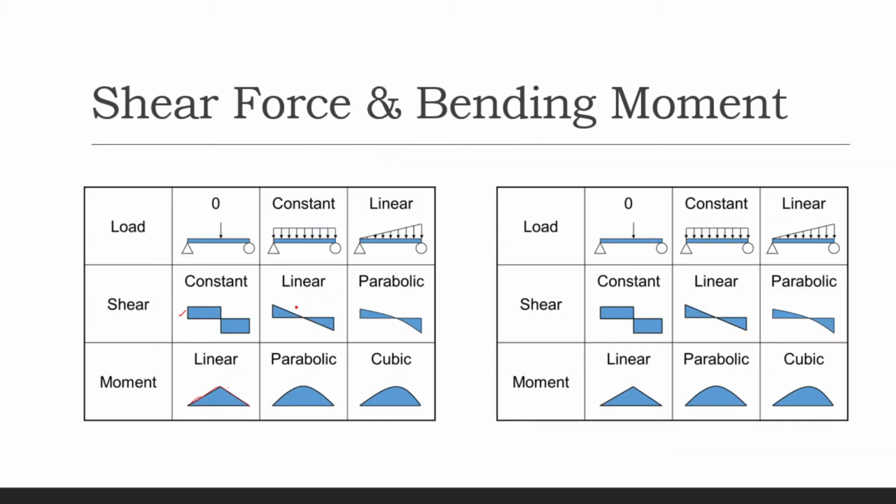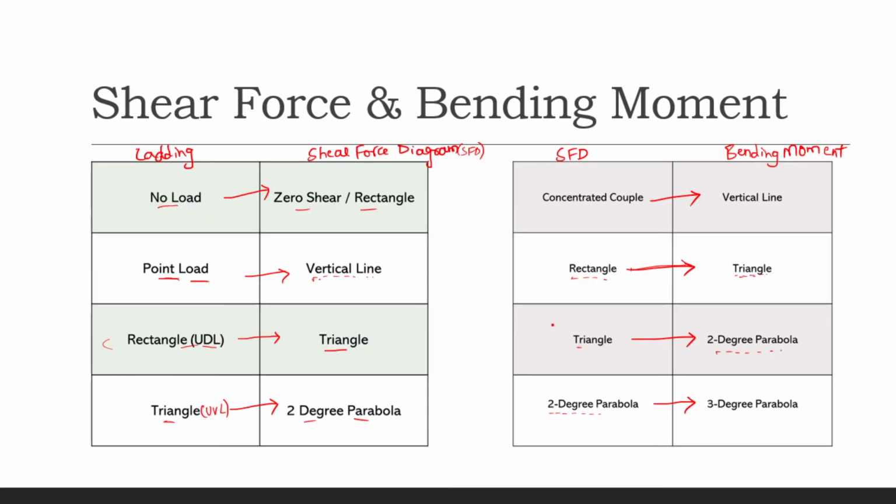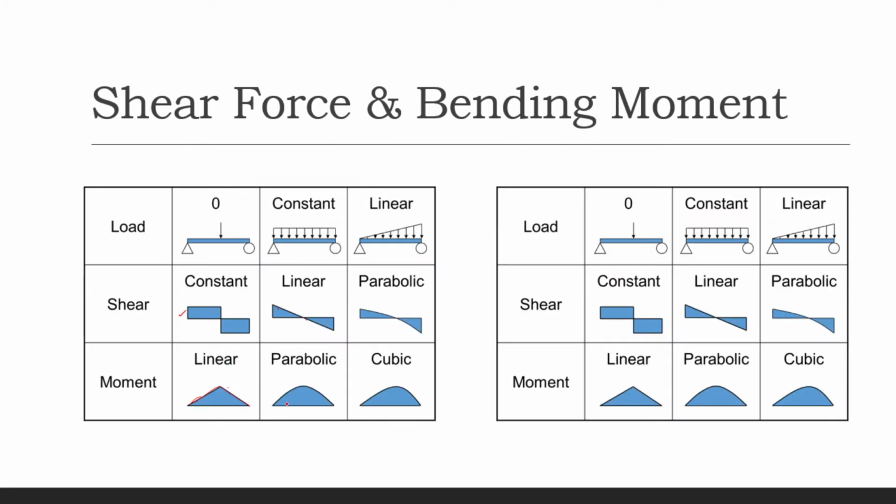That's exactly why we are having this triangle, falling until it reaches this point. And then if there is a triangle in your shear force diagram, you're supposed to have a 2-degree parabola. That is why you are having a parabola here.